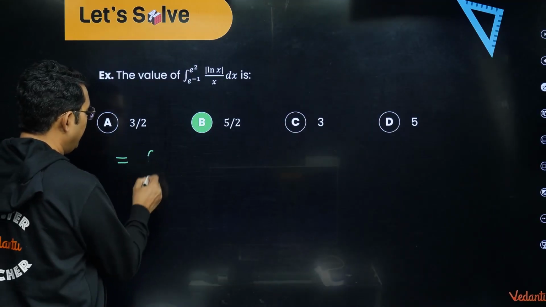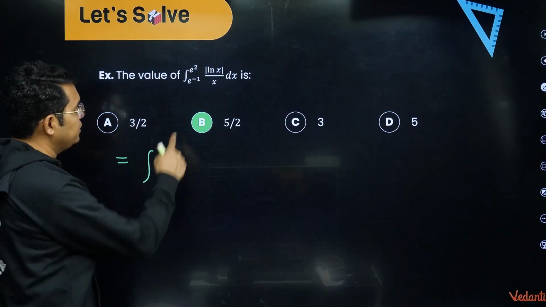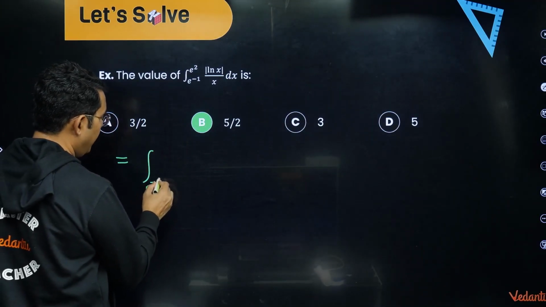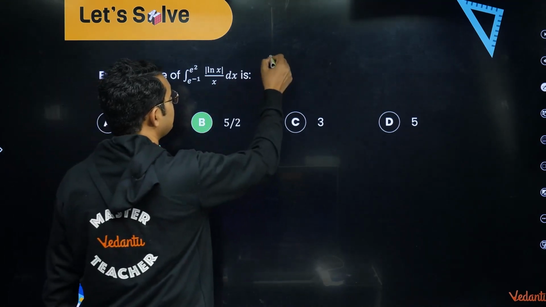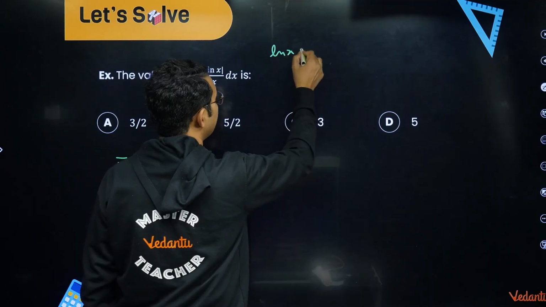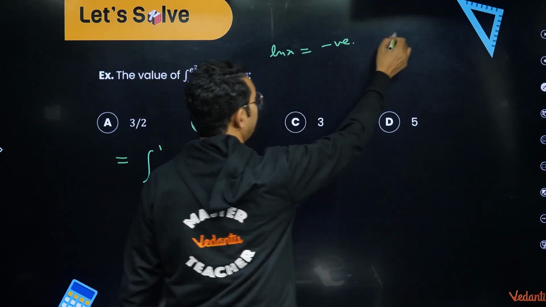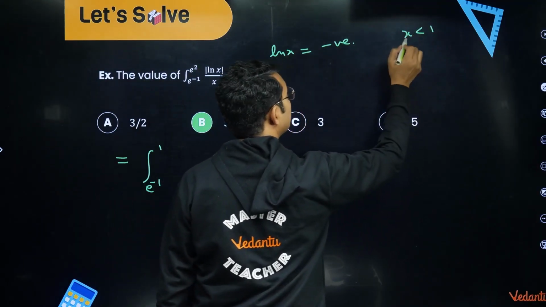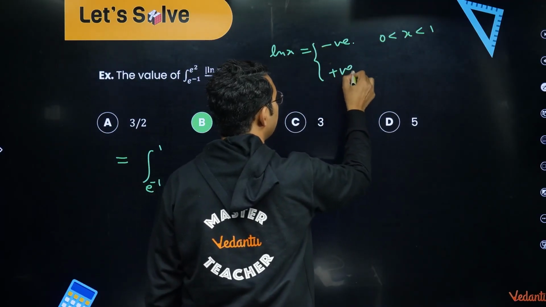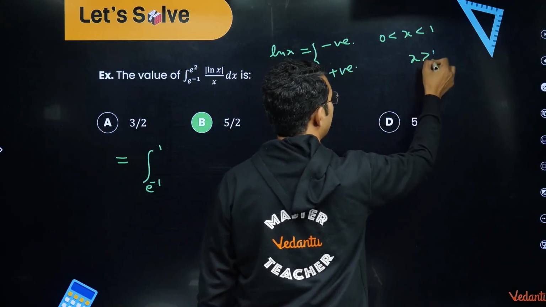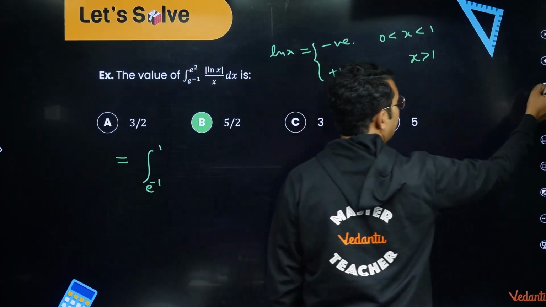breaking it into two parts. It will be broken at e power minus 1 to 1, and ln x will actually be negative when x is less than 1 and greater than 0. And it will be positive when x is greater than 1, and it can go till infinity.